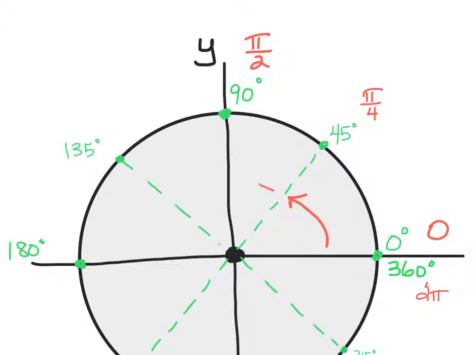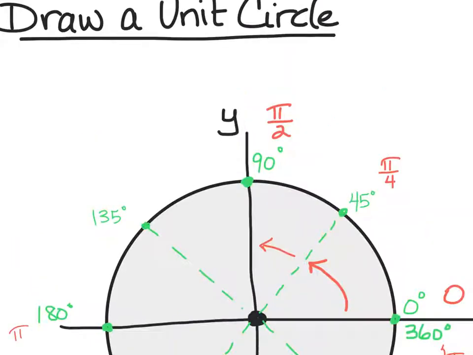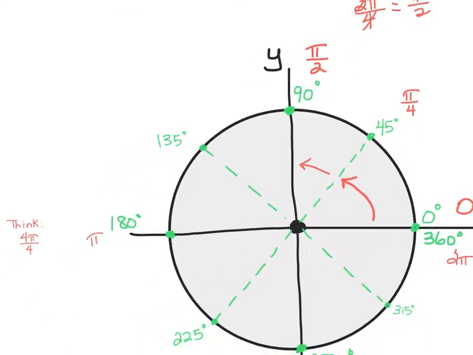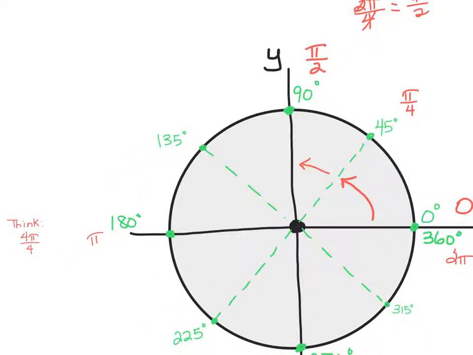The second fourth is 2 pi over 4. Well, 2 pi over 4 simplifies to pi over 2, and we already said that was 90 degrees, so we don't need to write that one in. But we have 1 pi over 4 and 2 pi over 4.